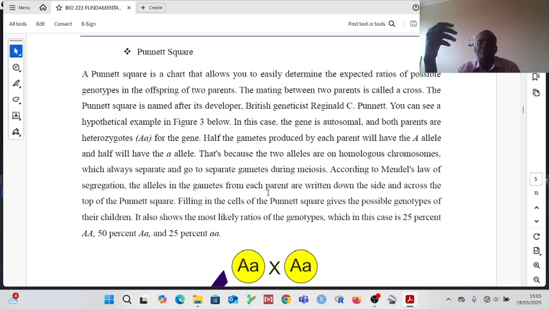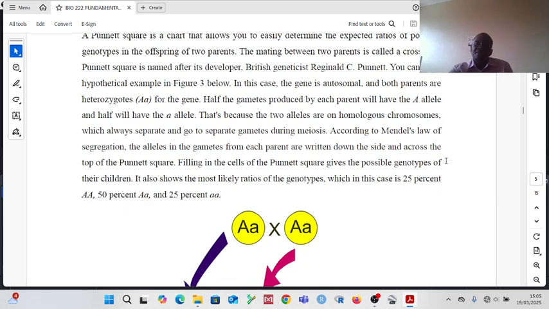When 2 parents produce offspring, using a Punnett square you can determine the possible ratio of the genotypes of those offspring. Anytime you have 2 parents mating, we refer to that as a cross.